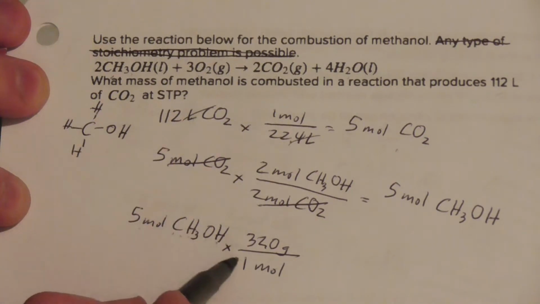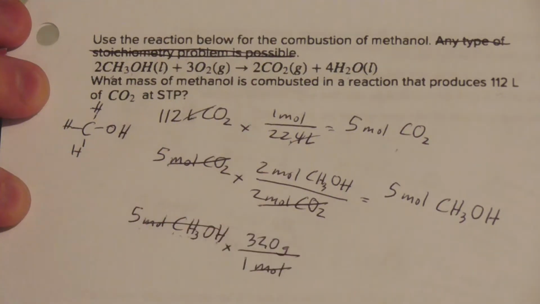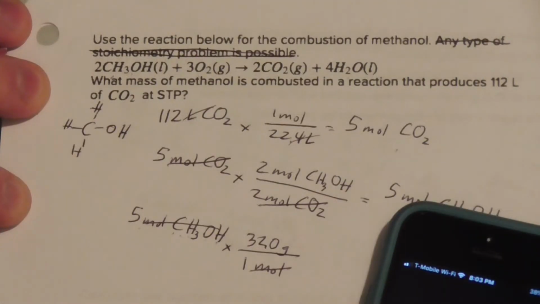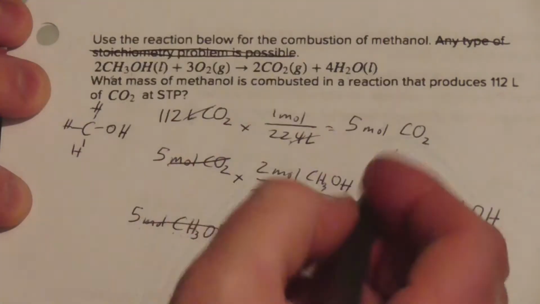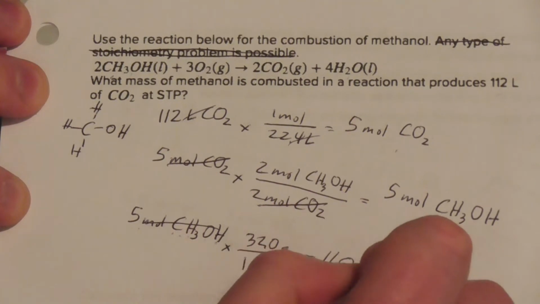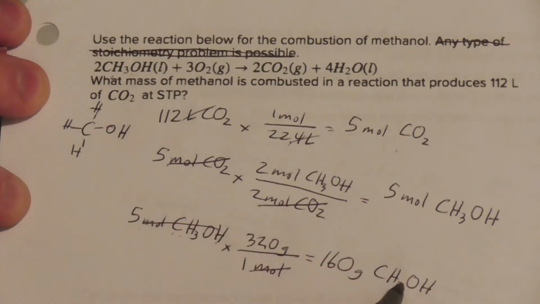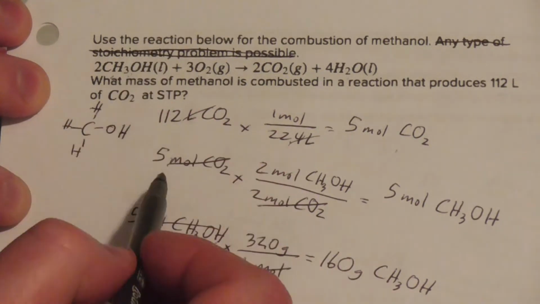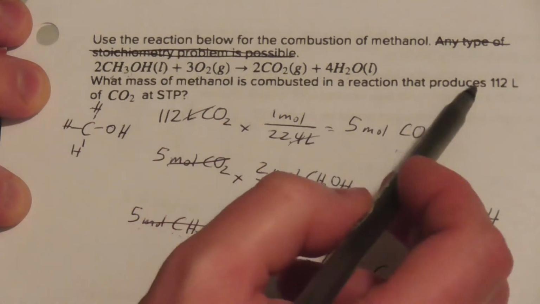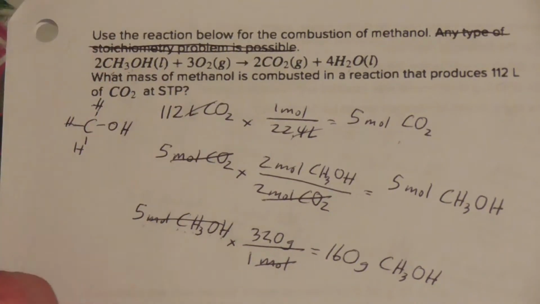So 5 times 32 will give me the grams of methanol. 5 times 32 equals 160. So keep track of what you're doing. 160 grams of methanol is required to produce 112 liters of carbon dioxide.